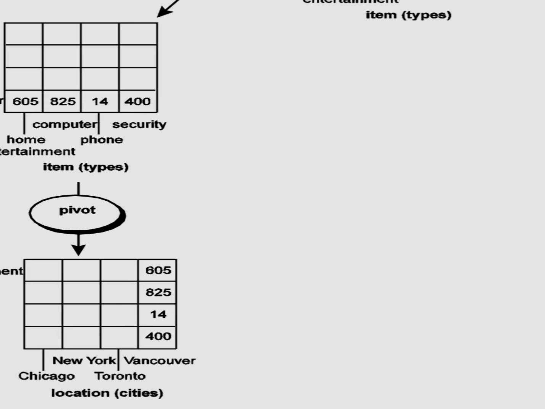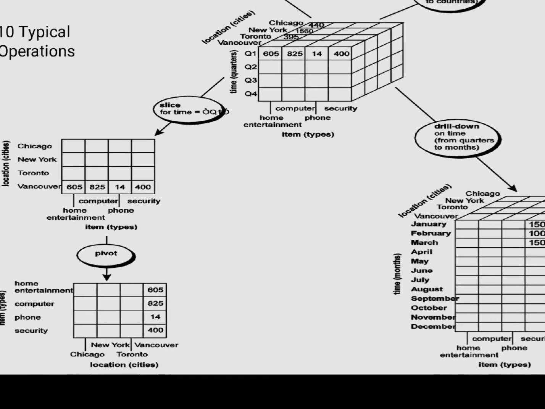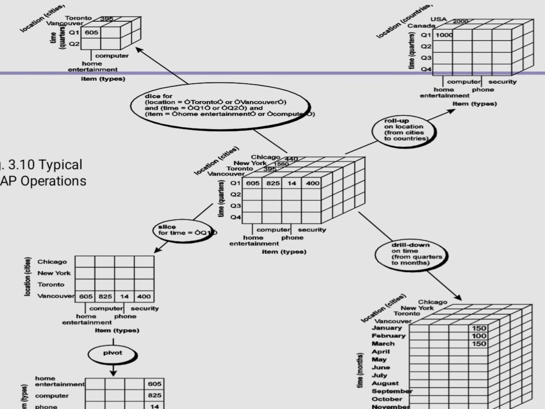Here we can see the location is on the x-axis and item is on the y-axis. When we shift the dimensions, we have item on the x-axis and location on the y-axis. It's a different dimensional view. So these are the basic OLAP operations. A 10 marks question will be there. This looks like a very big diagram, but it is very simple.